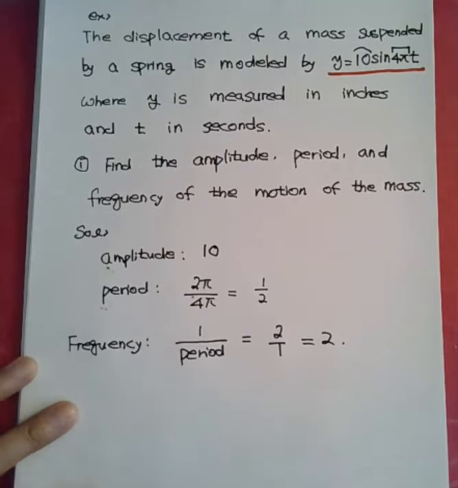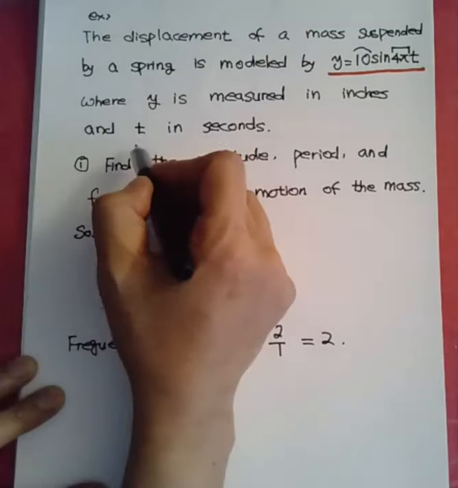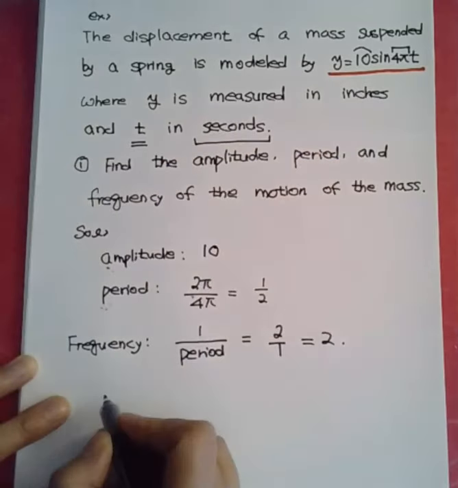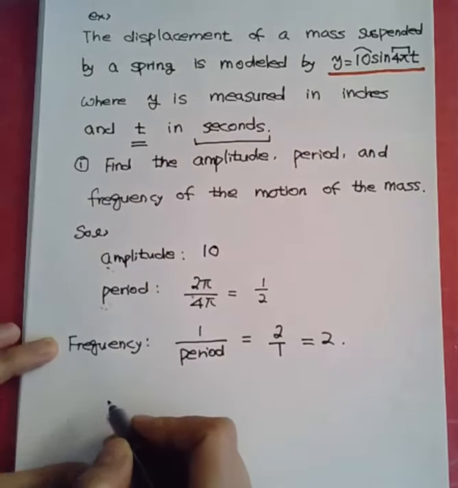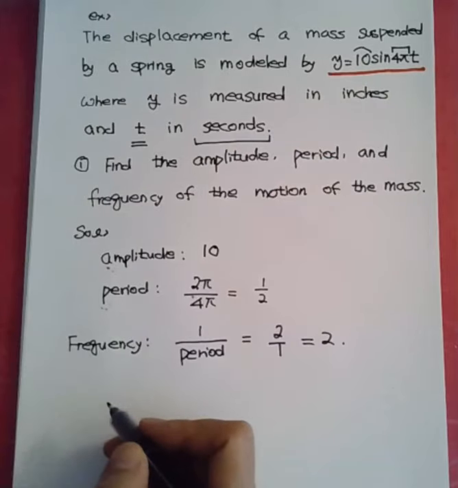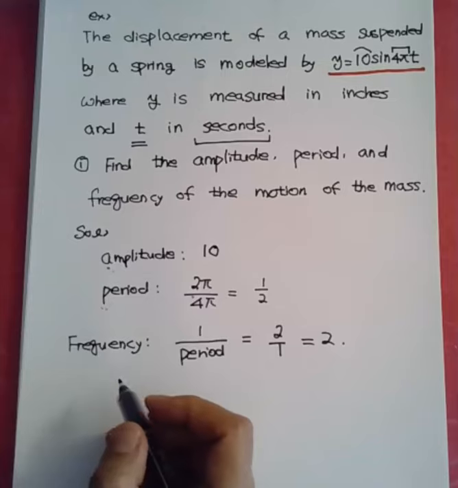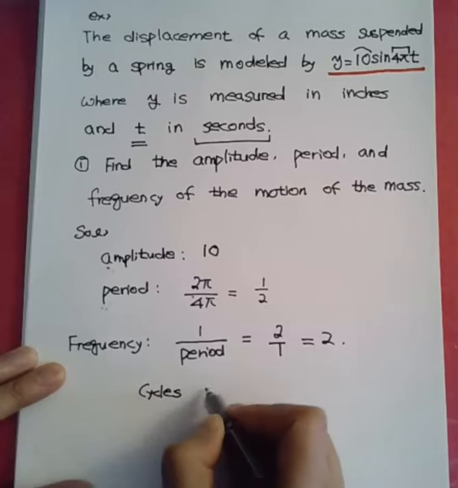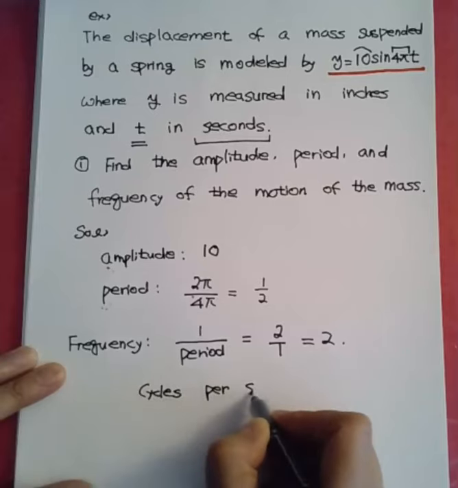In this problem, t was measured in seconds and the frequency is how many times it oscillates in a unit of time. So the meaning of frequency is cycles per second.